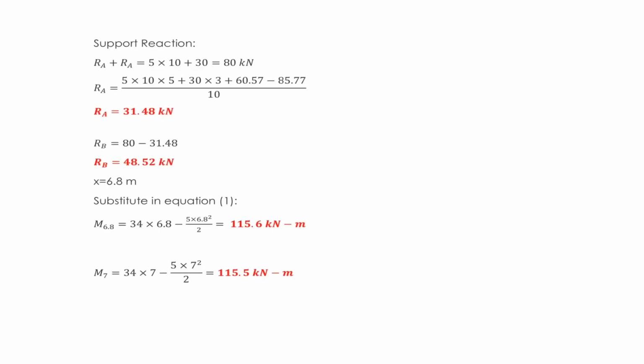RB is equal to 80 minus 31.48. We assume x equal to 6.8 meter. That will affect the shear diagram and moment diagram too. Here it is only 6.8 meter and 3.2 meter, which is different from the original figure.